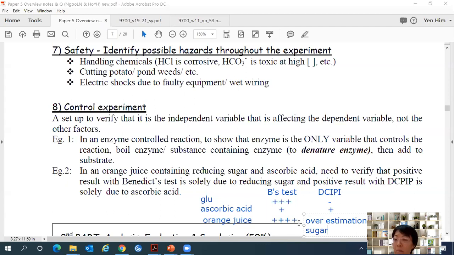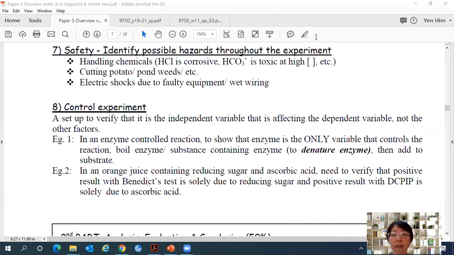So my estimation based on the color will be an overestimate because some of the color is not due to glucose. So that's the use of this control experiment. When you have two variables which may affect the result, you must test each variable separately. Then you know whether your result is an overestimation, an underestimation, or correct. Now in this case, there's no underestimation.